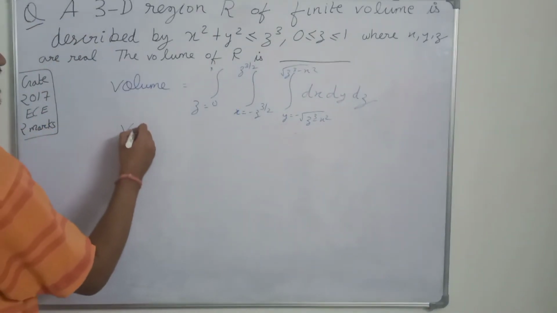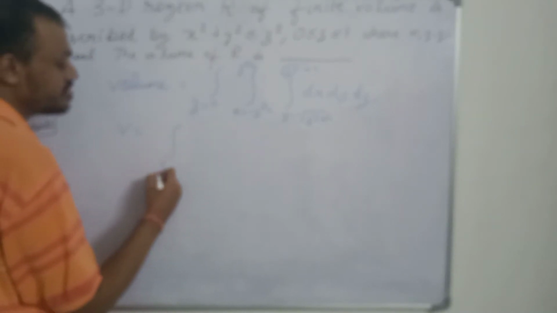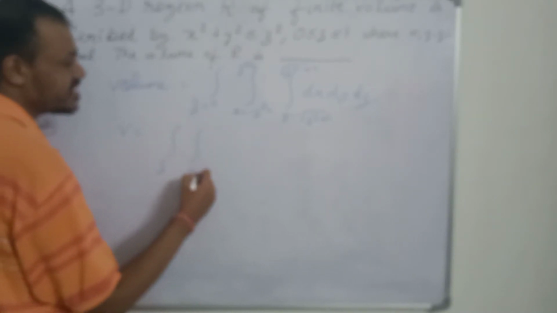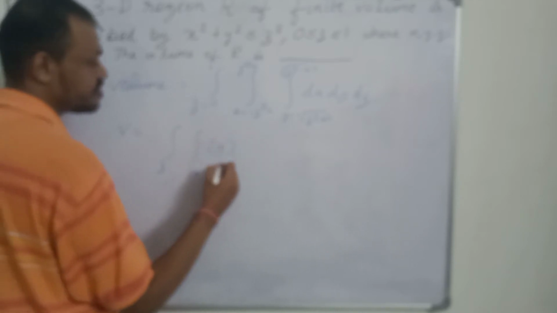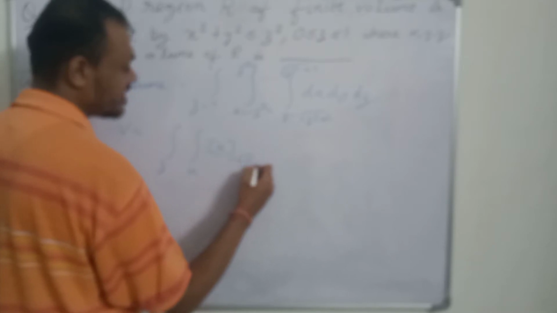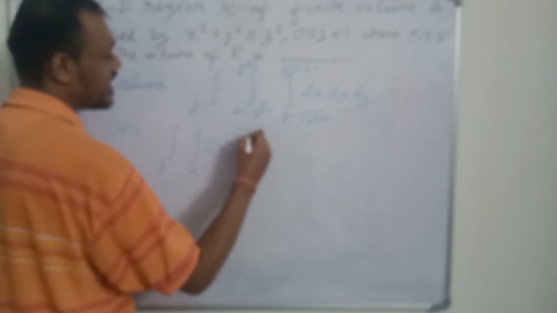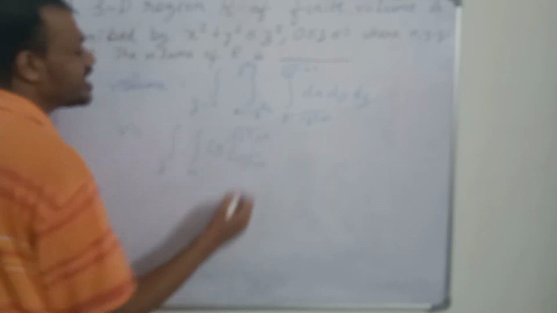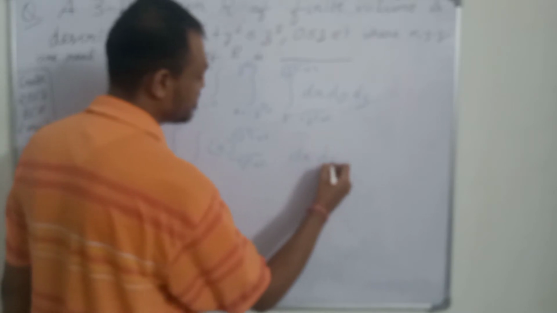So volume, I am writing it by V, will be equal to the integral with limits for y from minus under root of z cube minus x square as the lower limit, and under root of z cube minus x square as the upper limit, dy, then dx and dz.